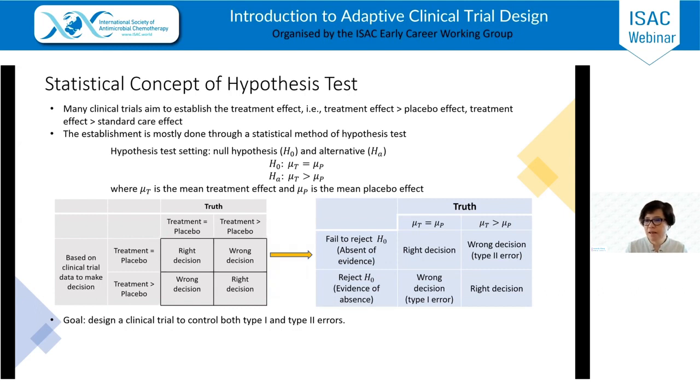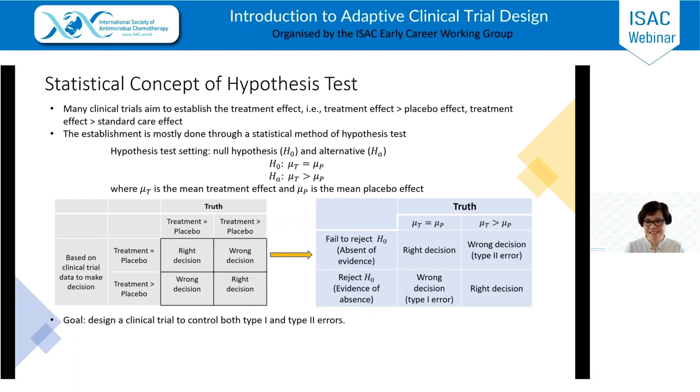It depends on what the truth is. Unfortunately, we never know, so you could make the right decision, or you could make the wrong decision. So the whole goal for the clinical trial is to control both the type 1 and the type 2 error.